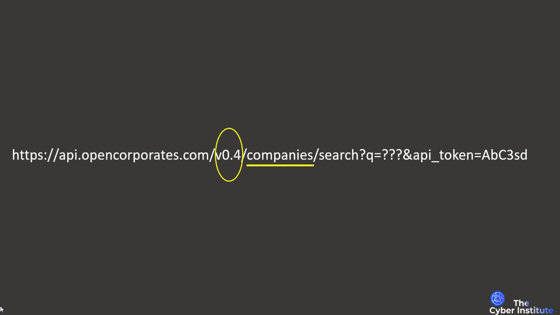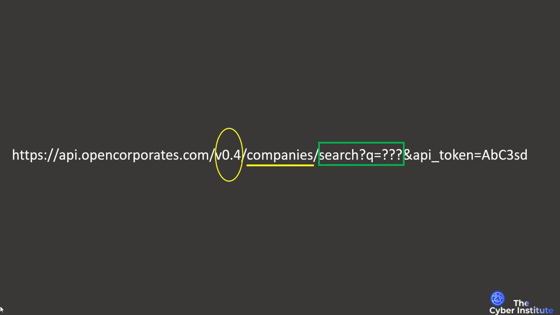There's a whole bunch of them, and I'm going to touch on the API documentation shortly, which I encourage you to read through to get an understanding of this part of the API string. The next part in this case is search. This particular type of endpoint is not always the same one, so we need to adapt our search string to get particular information. In this case, it's companies.